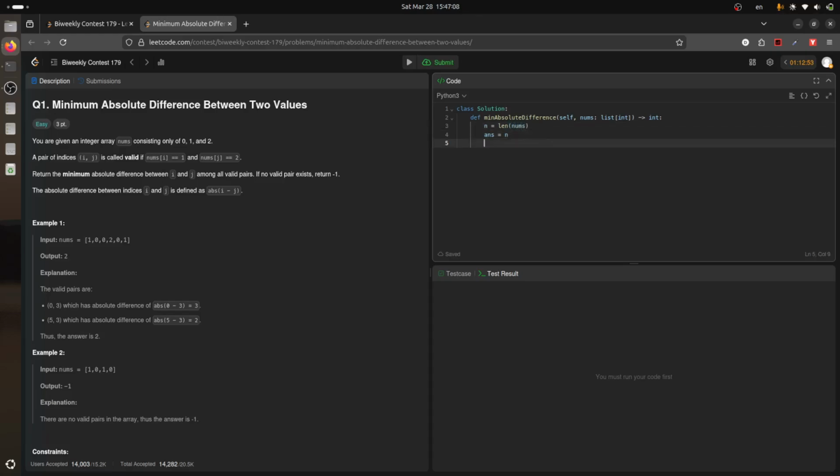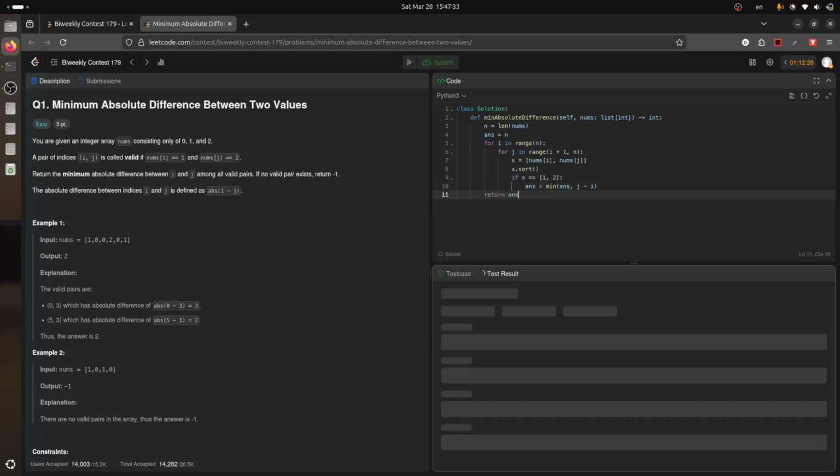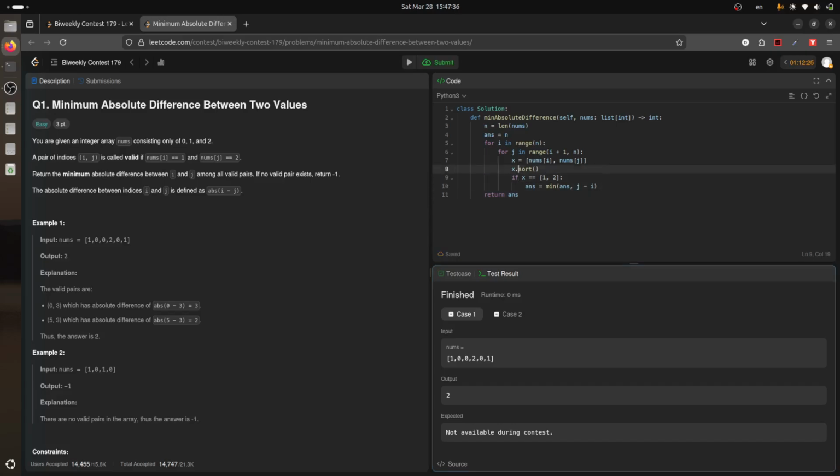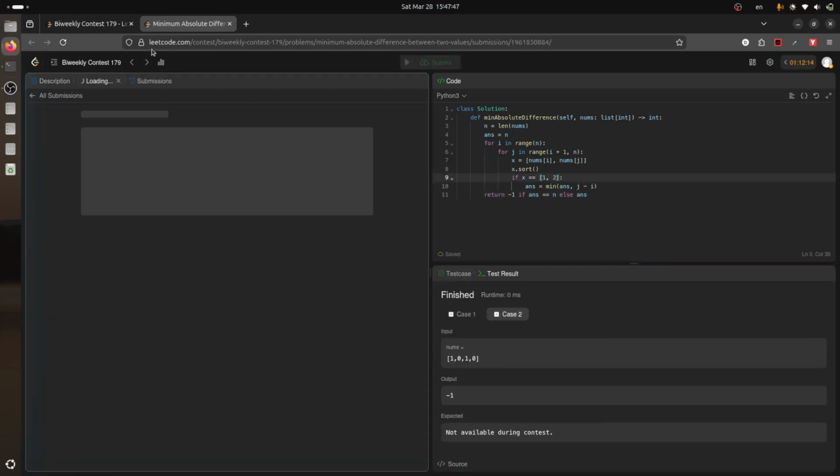For i in range n, for j in range i plus 1 to n, if nums[i]... wait, if x = sorted(nums[i], nums[j]), if x is equal to [1, 2], ans = min(ans, j minus i). Return ans, 2 minus 1, minus 1 if ans is n, else ans, 2 minus 1. Submit.